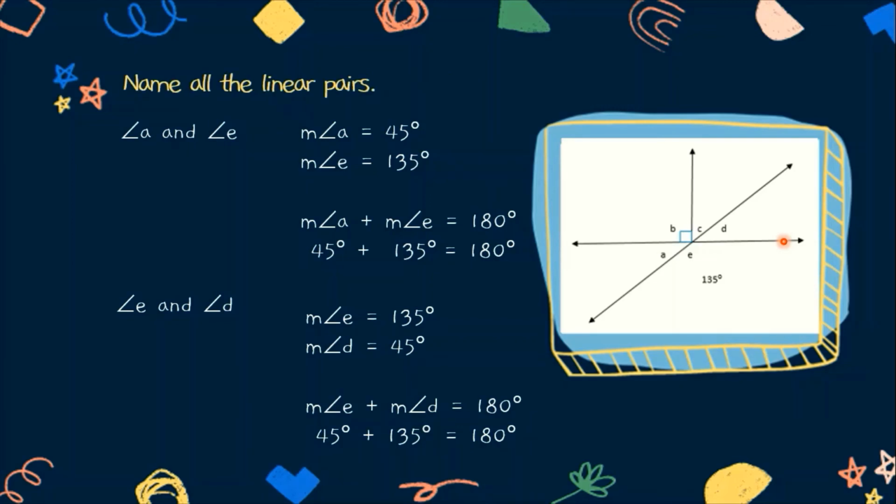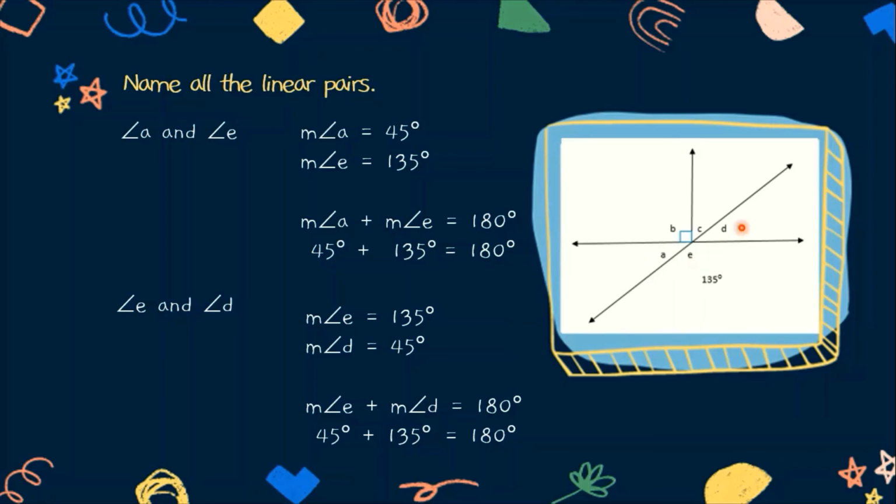Now, as we notice, aside from being supplementary angles, both these supplementary angle pairs are also linear pairs. That is because aside from being supplementary, so itong A and E ay 180 degrees yung sum, ganun din ang E and D. Aside from being supplementary, we also notice that they are next to each other.